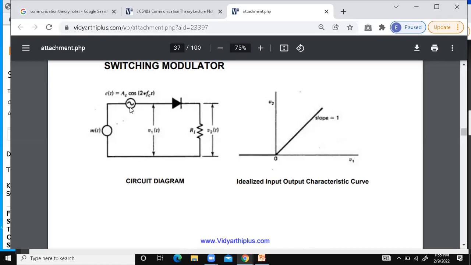The carrier voltage is the alternating voltage, right? This equation represents a voltage. This is your voltage. You with me? Yes, sir.